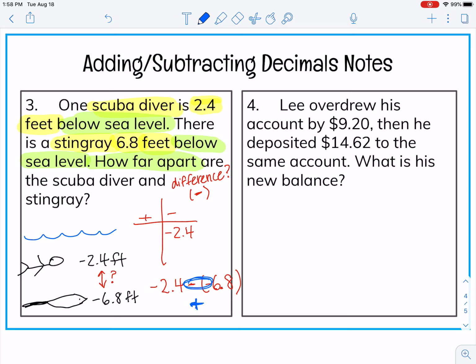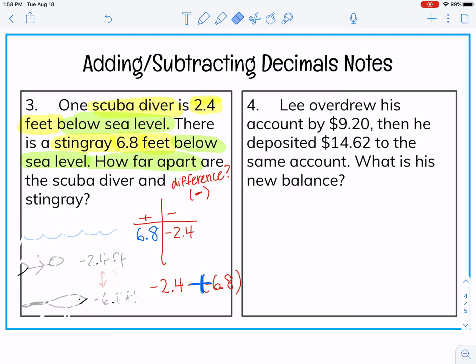So instead of making it minus negative 6.8, because those are two subtraction symbols together, we can change it to a positive, making 6.8 a positive number. So that is how we set up the t-chart.